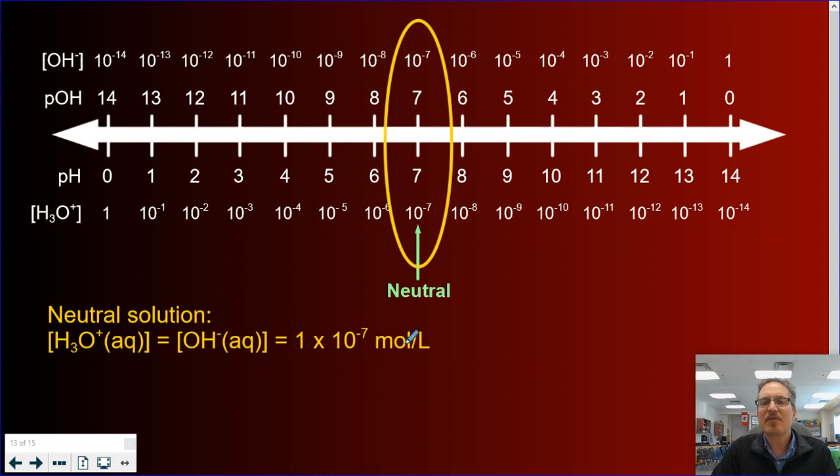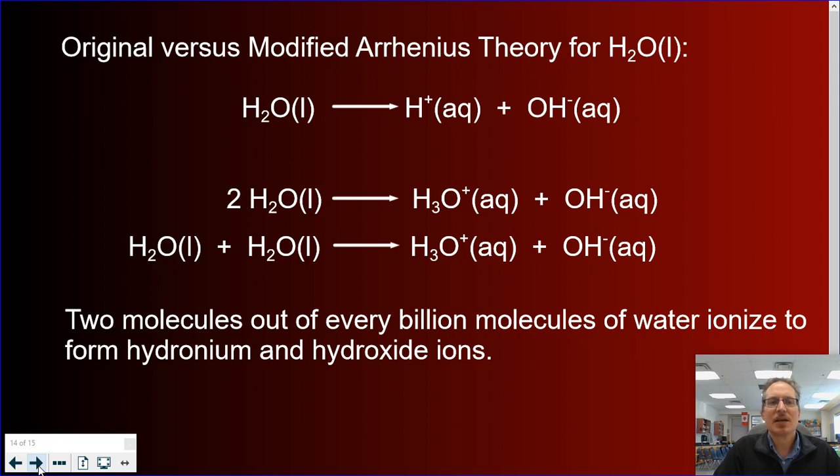It means both of their concentrations are going to be 1 times 10 to the negative 7, or 0.0000001 moles per liter of hydronium and 0.0000001 moles per liter of hydroxide ions. Well, let's look at why this works the way that it does. So our original definition, says Arrhenius, could be applied in this case.